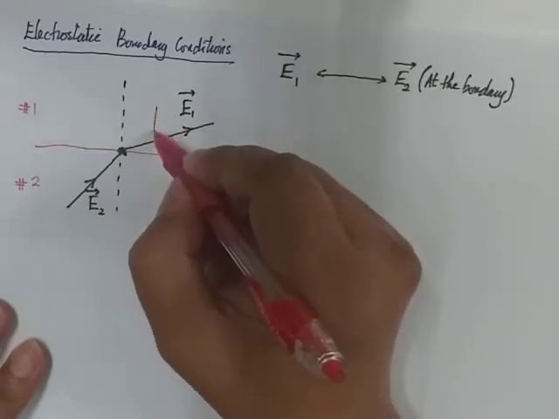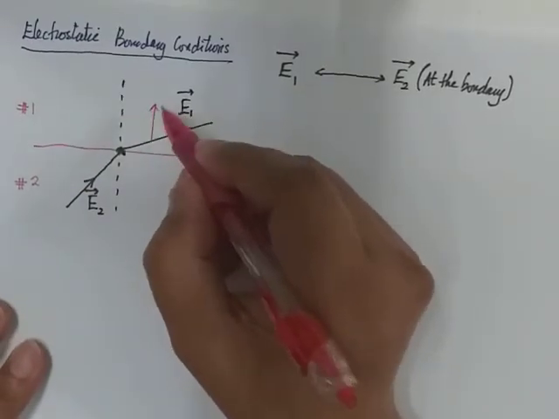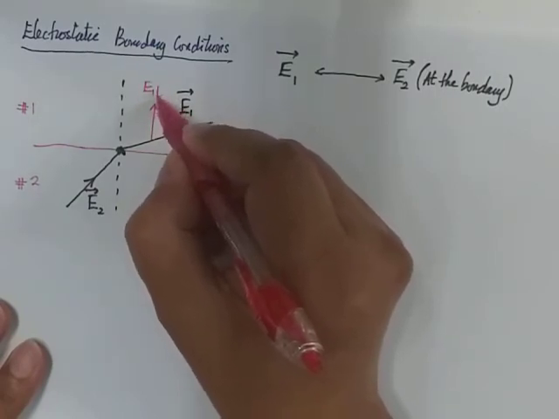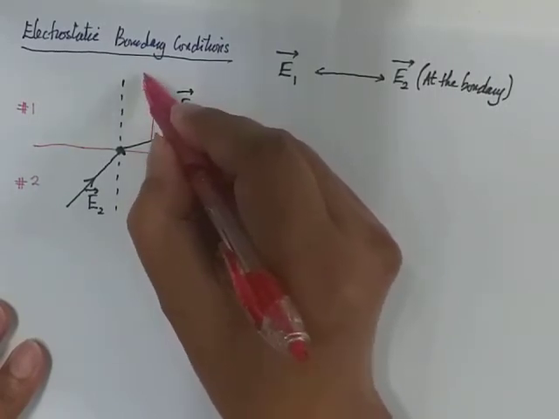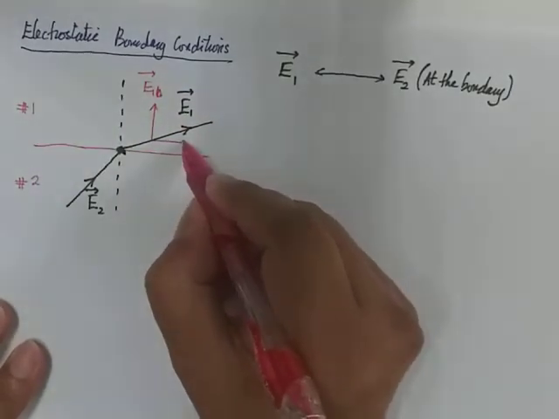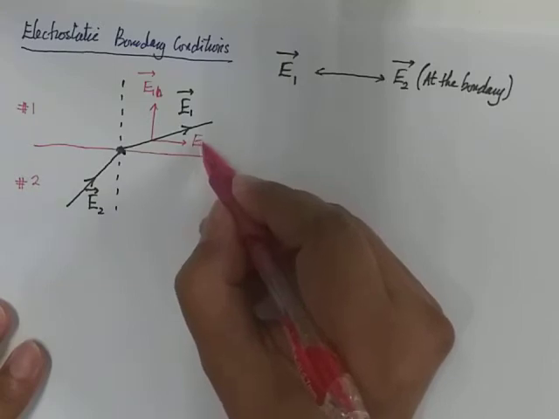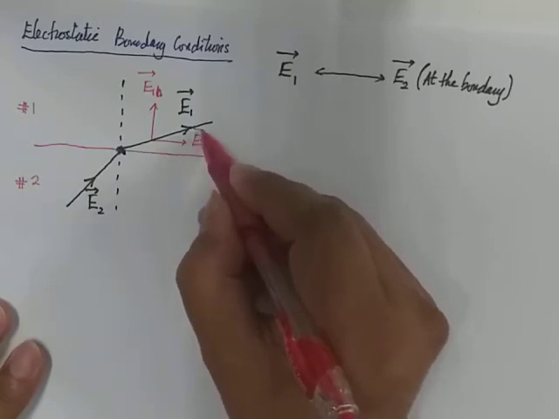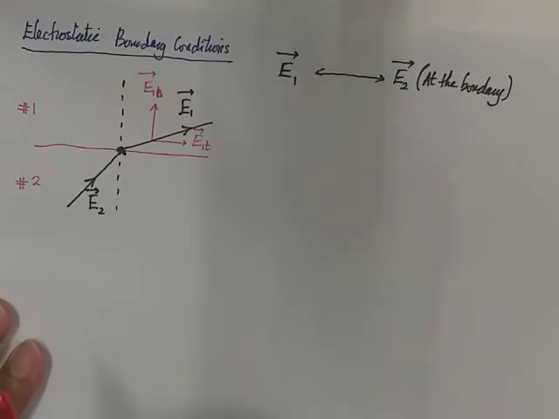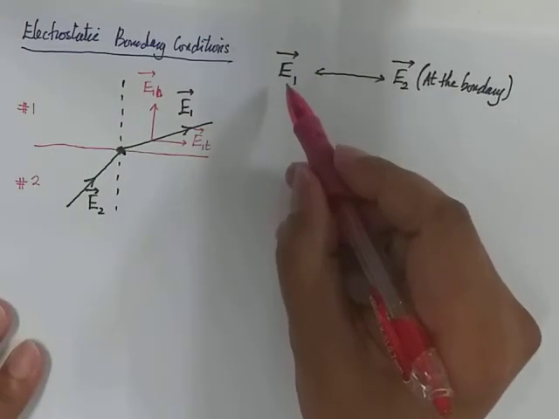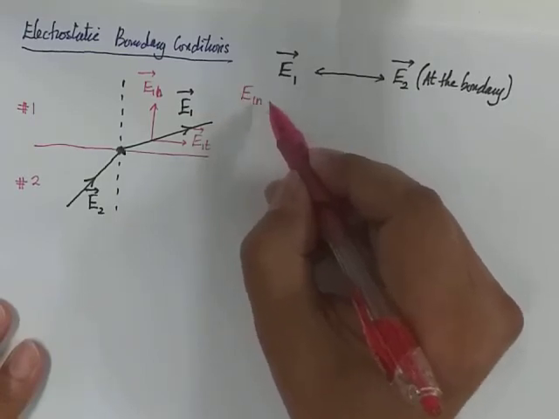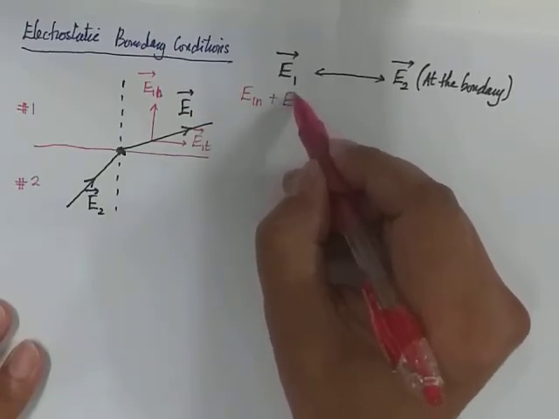This component I'm going to call E1N, very sorry about that, meaning normal, and this component E1T. T stands for tangential, or parallel to the boundary. So can I change the equation E1 to become E1N plus E1T?